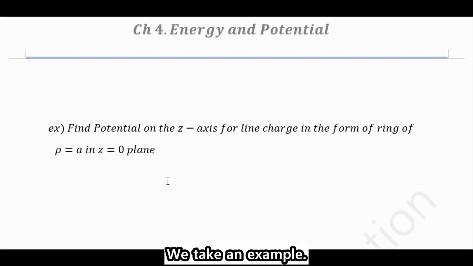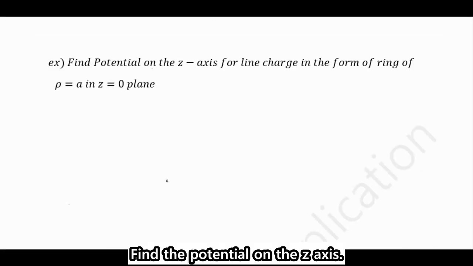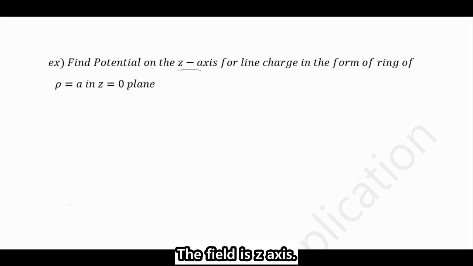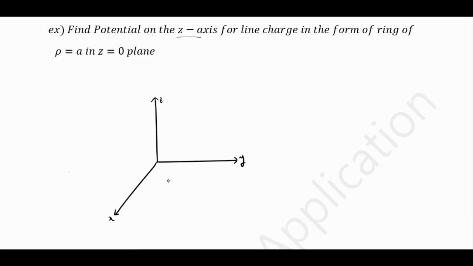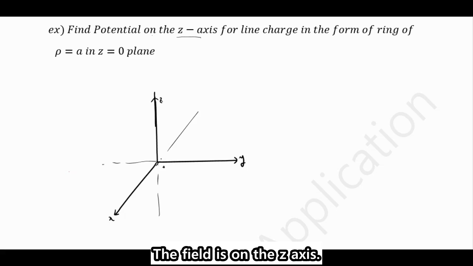We take an example: find the potential on the z-axis. The field is on the z-axis. I draw the graph with the x-axis, y-axis, and z-axis. The field is on the z-axis.